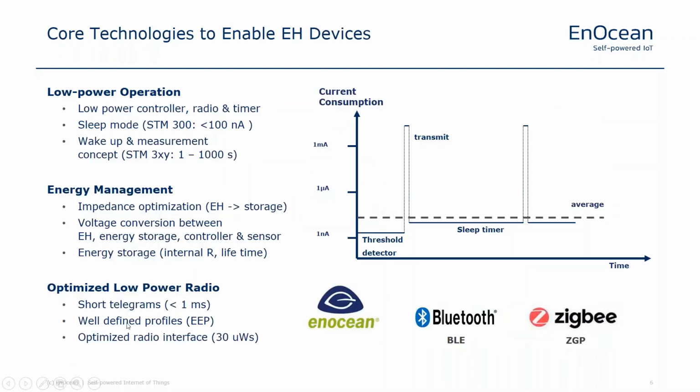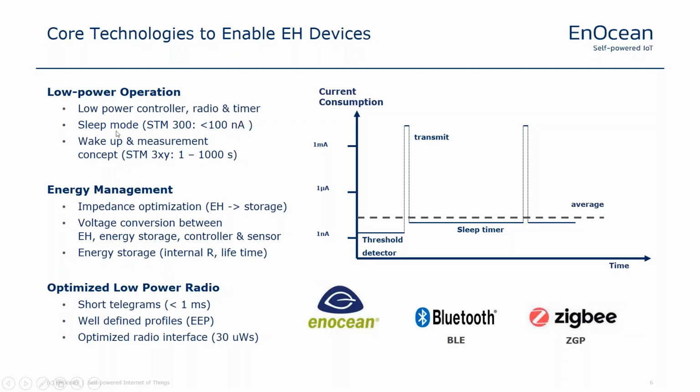Good. Now we are also diving into this kind of core technologies. Before I start to explain energy harvesting, I want to mention all what you need before. On the first hand, you need low power operation. So all the components on the device have to be designed for low power, like the controller, like the radio interface, and timers and all the things have to be optimized.